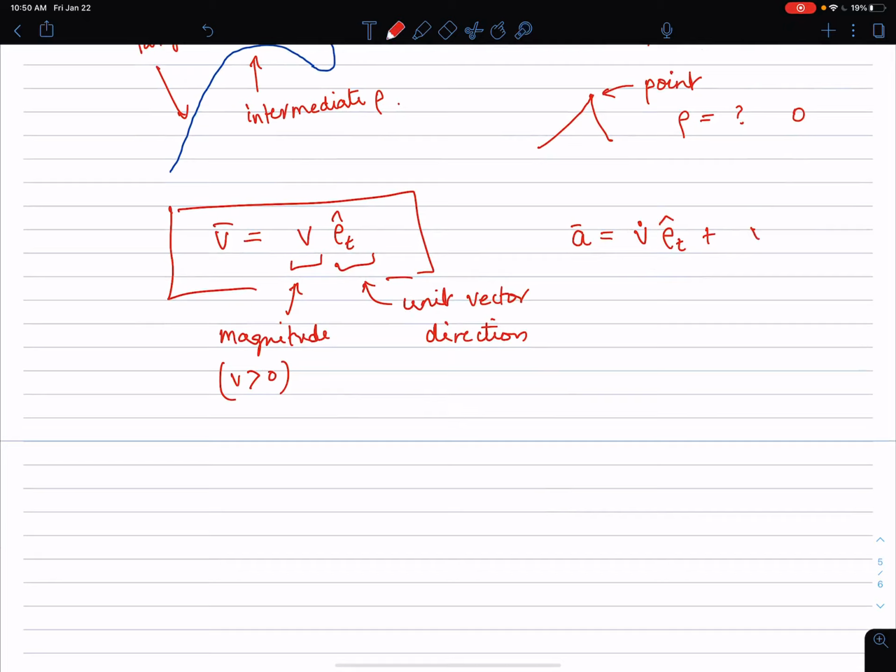And then there is v square over rho en. This is the so-called centripetal term. This is the term that has to do with direction changes. Okay, so the term due to speed, and when we say speed, we mean velocity magnitude changes.